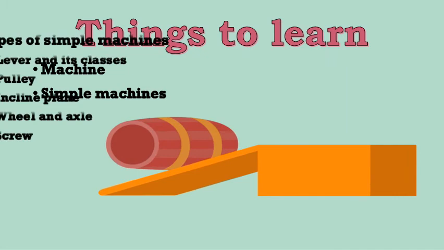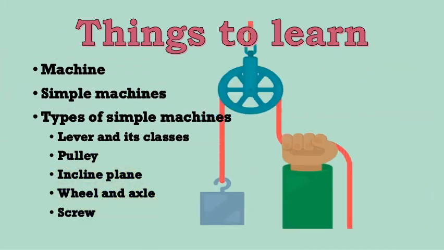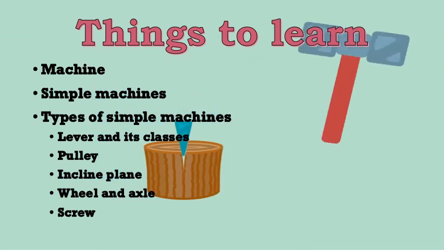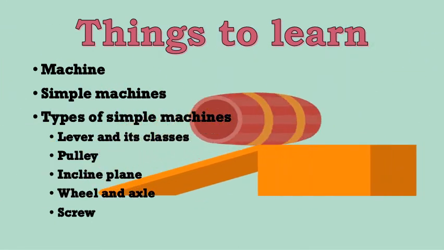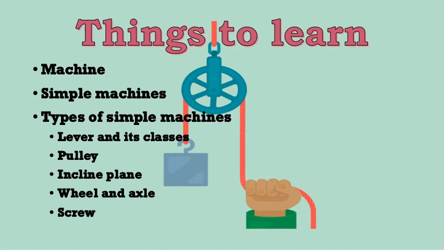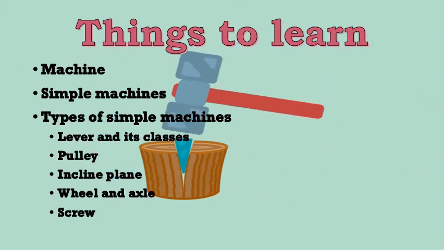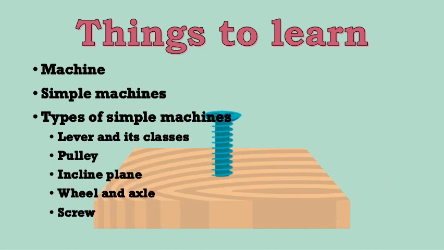Then there are the types of simple machines. Simple machines can be of many types, and some of the types you can see in the background as well. This is what we are going to learn in detail in this chapter.